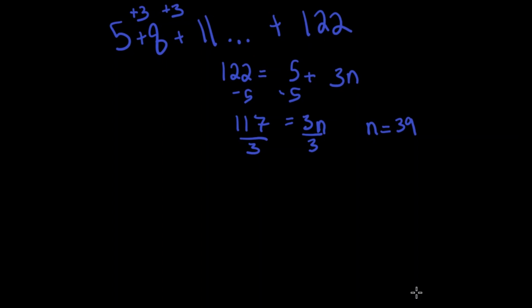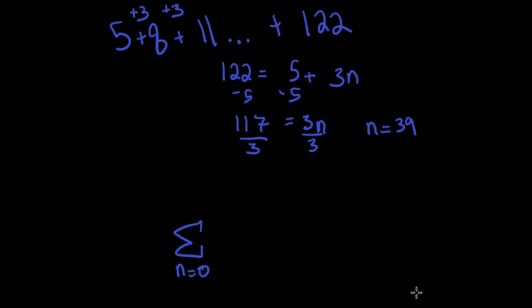So now that we have all this information, we can convert this series into a sigma notation. We set up our sigma notation. Let me draw that a bit better. We can start out with n equal to 0, and then we're adding 3 to 5 a total of 39 times, and that's it.